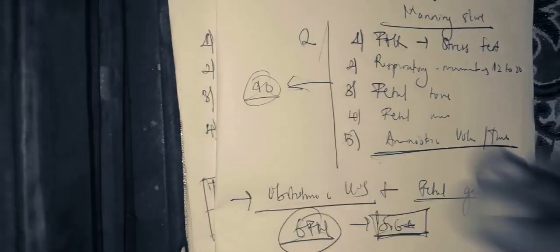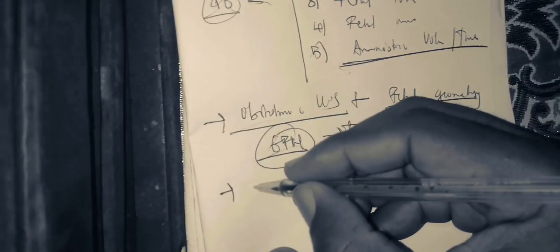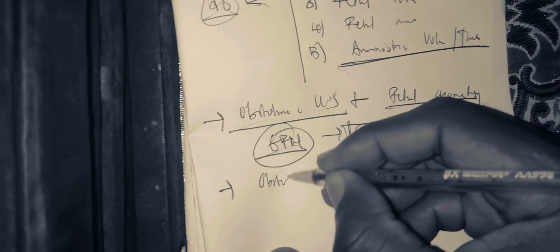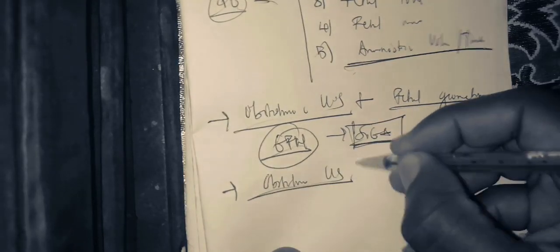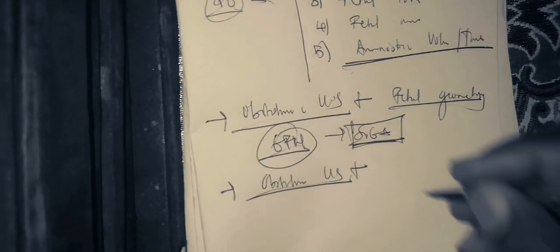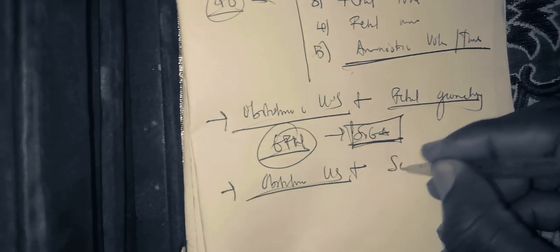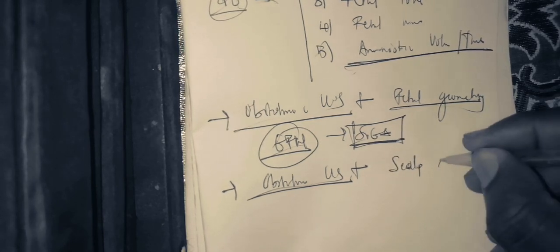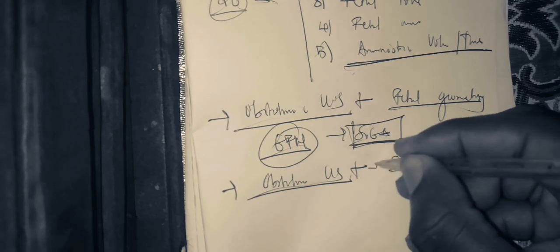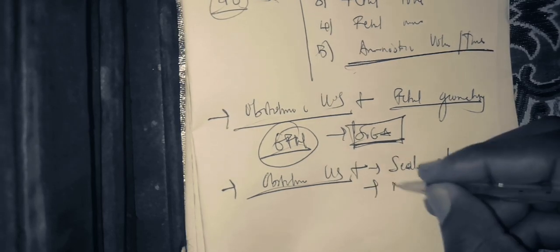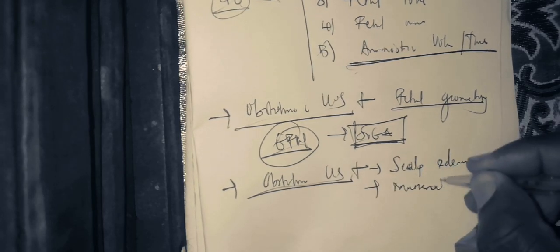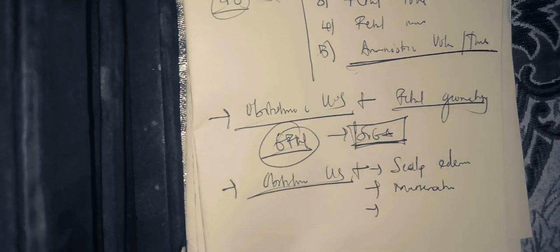The next element is intrauterine fetal demise. When you evaluate for intrauterine fetal demise, you still have to do the obstetric ultrasound. Here you are going to have, one, scalp edema. Is it clear? So scalp edema is one sign. The second sign is maceration of the skin of the fetus.